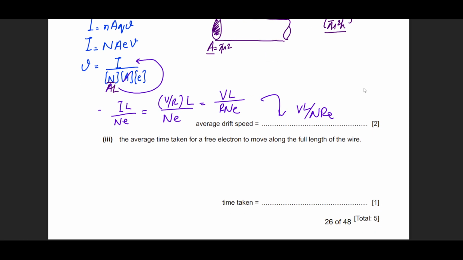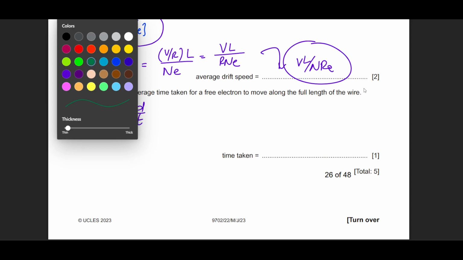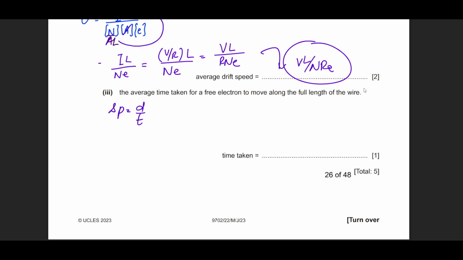The average time taken for the electron to move the full length, no problem in this. The formula is speed is equal to distance over time. We have calculated the speed, the velocity, which has already been calculated. Now he says the full length of the wire.